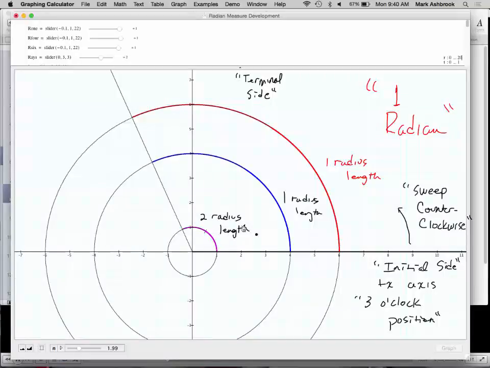So the measure of that amount of openness in radians is 2 radians. Look at where it is. 2 radius lengths means it's an angle of openness that cuts off 2 radius lengths. That's 2 radians. So right now I'm showing you an openness of 2 radians.